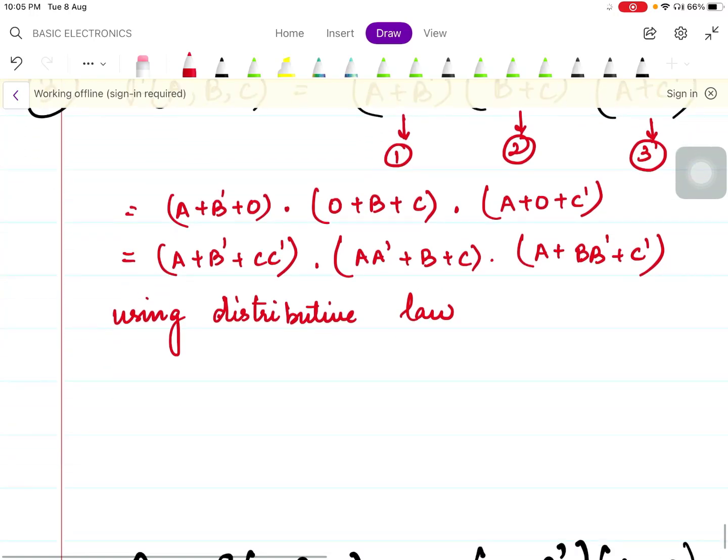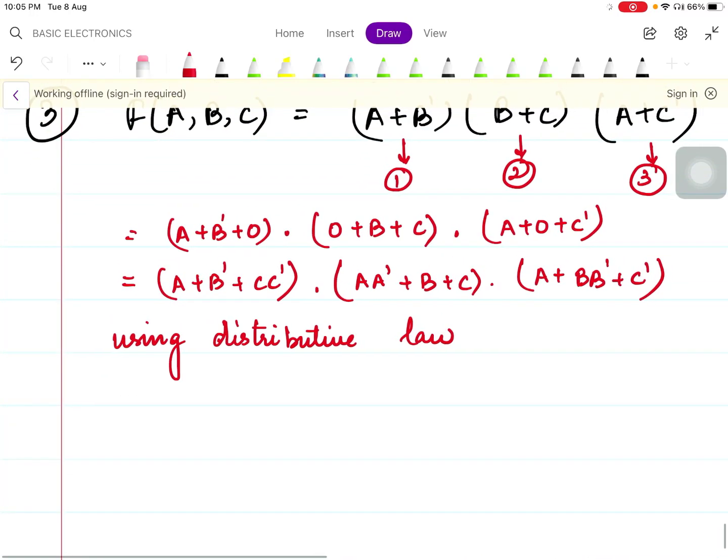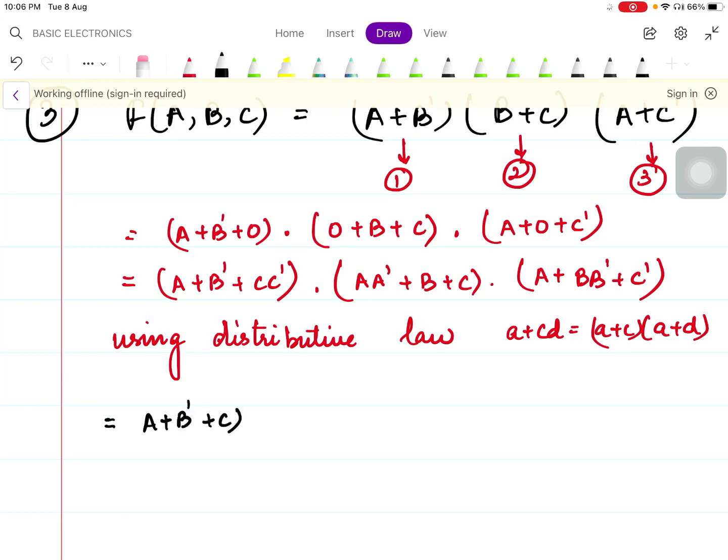So what to do? Just use distributive law, which says that A plus CD is equal to A plus C into A plus D. We discussed it when we discussed the Boolean algebra formulas. So how we can write the first bracket, how we can open it? We can write it as A plus B bar plus C, then A plus B bar plus C bar.